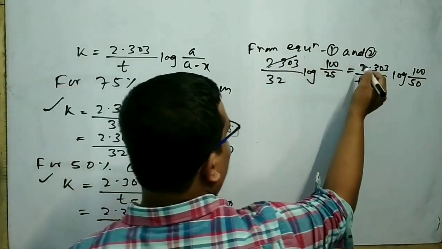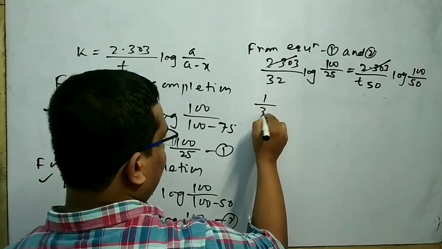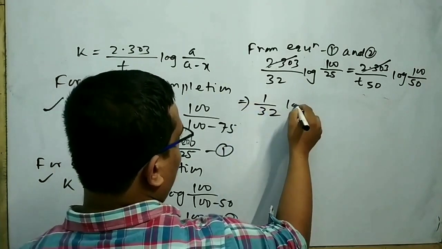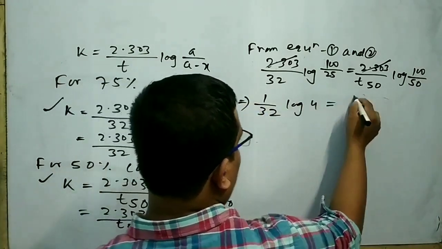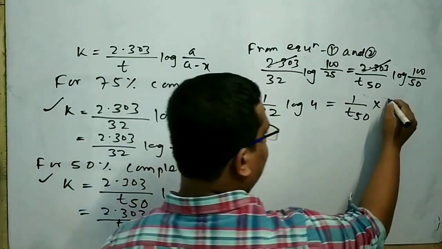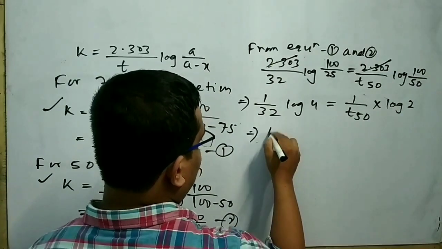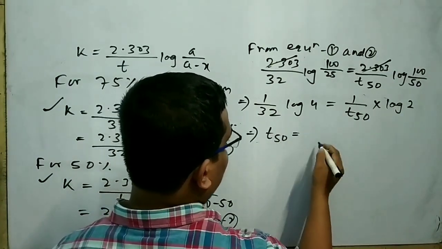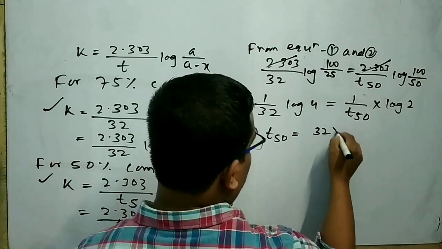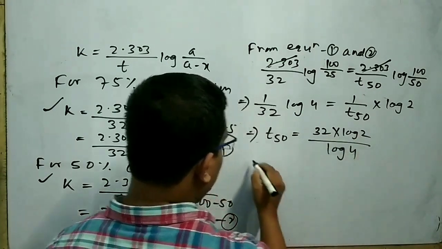Now cancel the 2.303 here. Now I can write 1 by 32 log of 4 is equal to 1 by T50 into log of 2. Here I can write T50 is equal to 32 into log 2 divided by log 4.